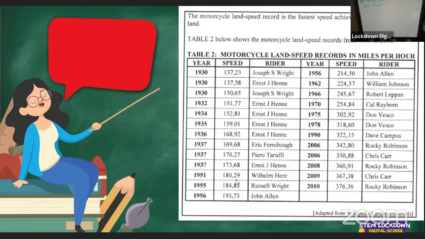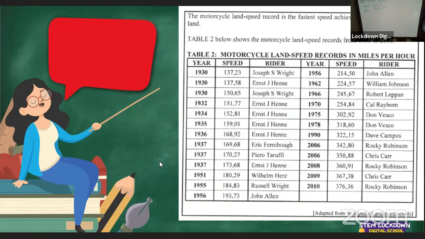Then the smallest value from these records, I can see the smallest value was attained in 1951. The value was 180.29, so I can write minimum here is 180.29. Okay. So these are the values that we have.